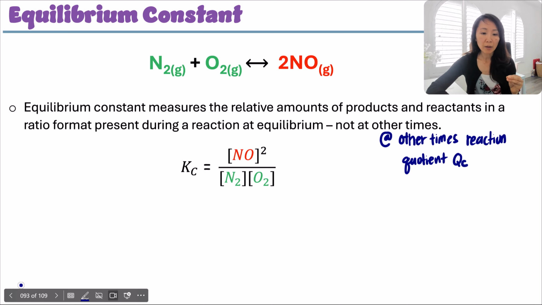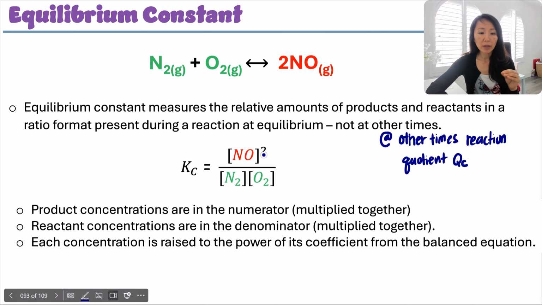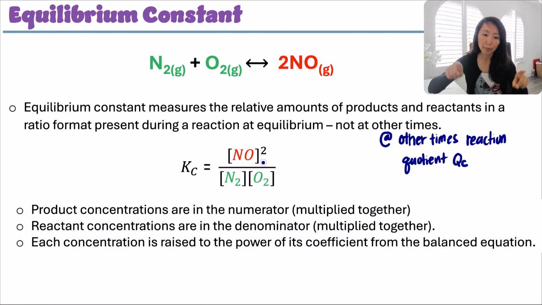So what do all these NO, N2, and O2 really represent? Well, note that the top one, NO, has brackets. That bracket means it's the concentration of the nitrogen monoxide in molarity. The same goes for the others; these are the concentrations for the reactant side.